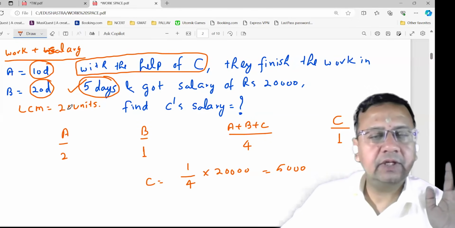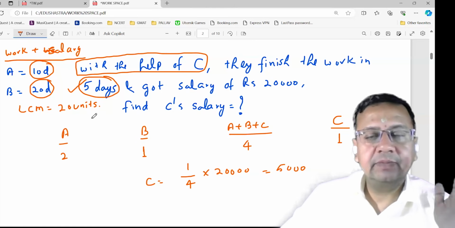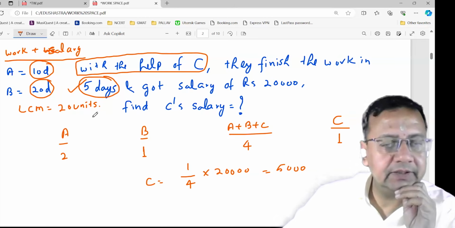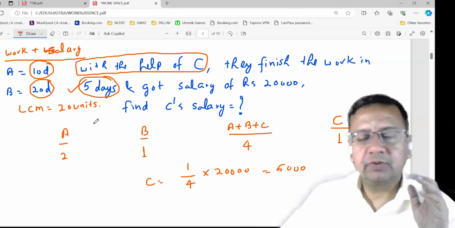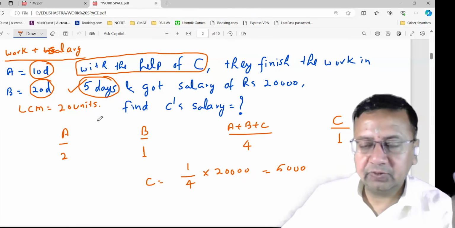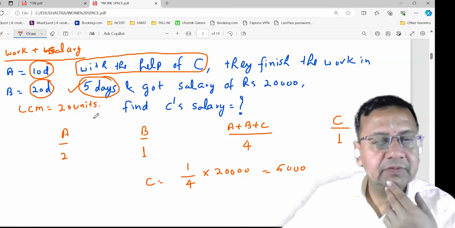And if all three are working together in 5 days, so 20 by 5, this means they are completing 4 units per day, right? Okay, sir. So A is doing 2 units, B is 1 unit, and if all three are working 4 units, so this means C must be doing 1 unit. Yeah.